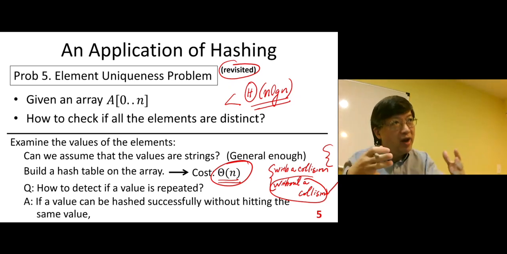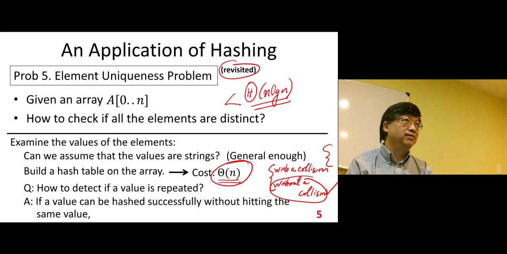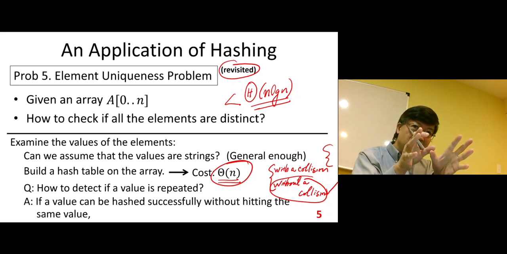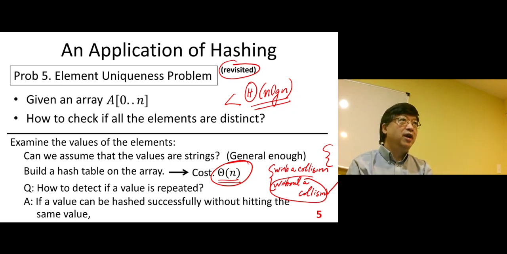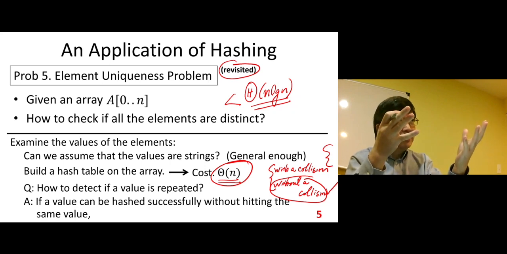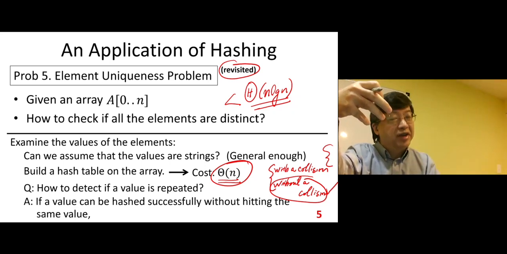So with collision, we compare the values first. When you hit some element, let us compare their values first. If they are the same, then we find a repeated element. If they are different, let's go find the next location, the next slot.